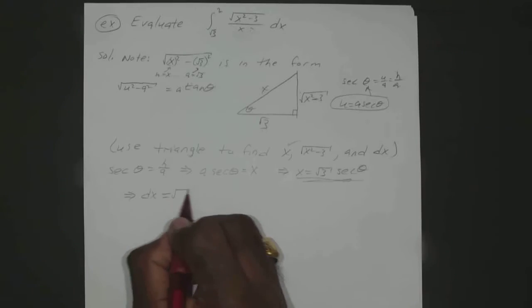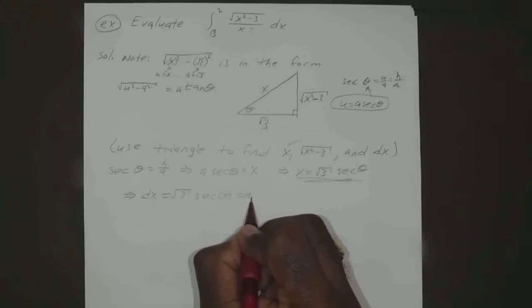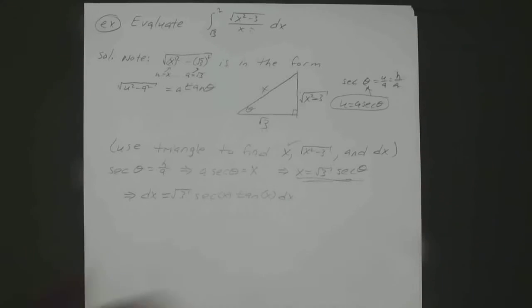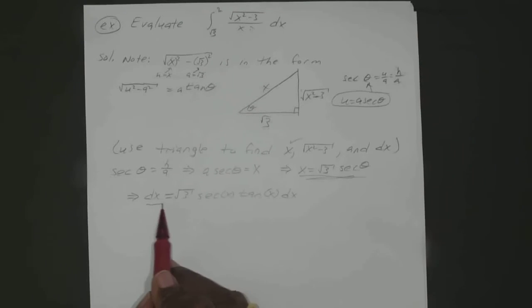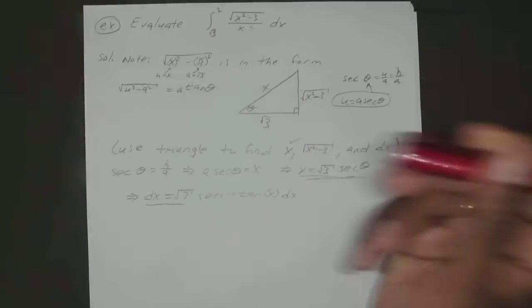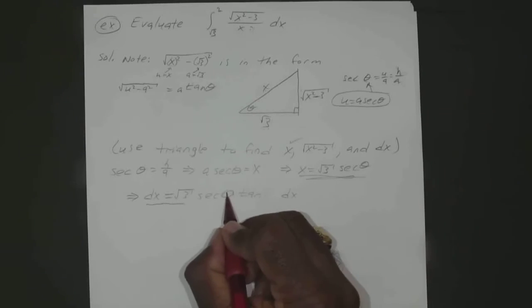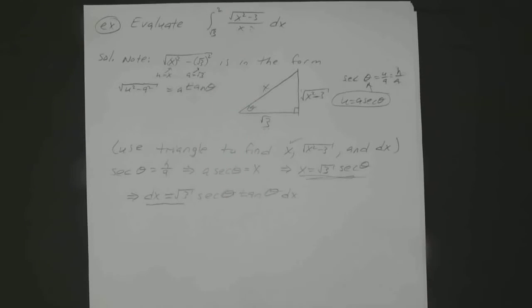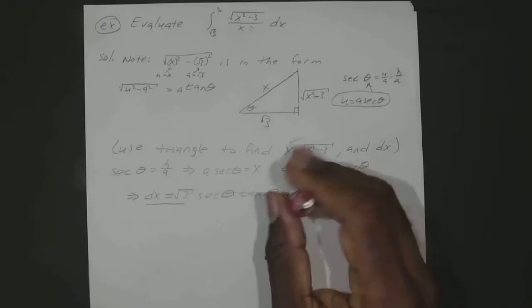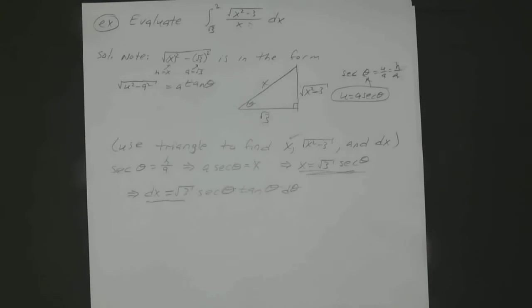So dx is going to equal square root of 3 secant theta tangent theta d theta. You get the idea.